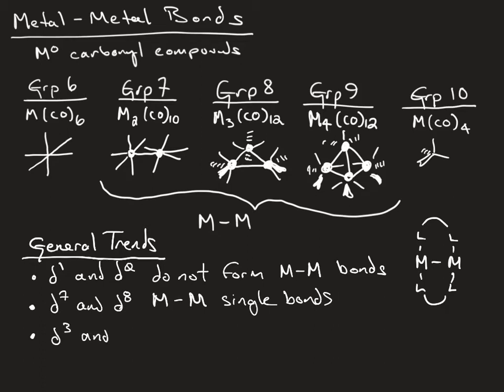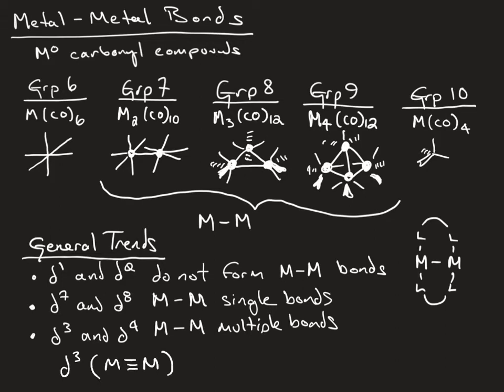d3 and d4 species can form metal-metal multiple bonds, with the d3 species supporting metal-metal triple bonds and the d4 species supporting metal-metal quadruple bonds.